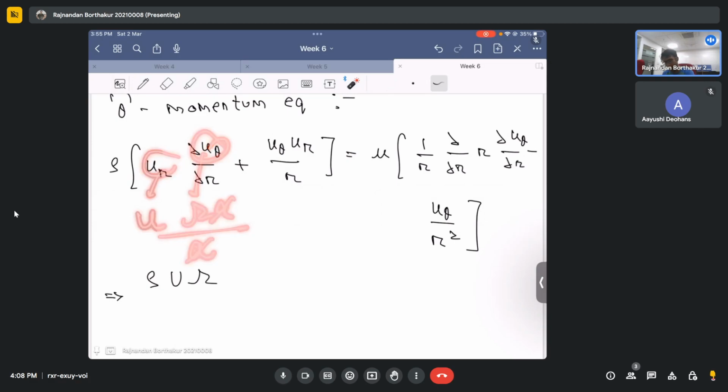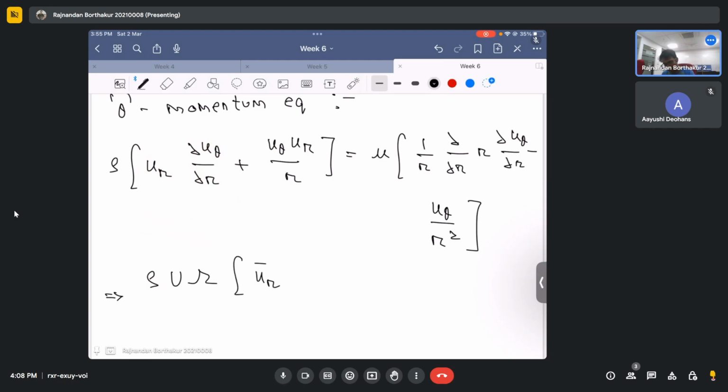So this is rho times u omega. And then you'll have r_bar u_r_bar into del u_theta_bar by del r_bar plus u_theta_bar u_r_bar by r_bar.